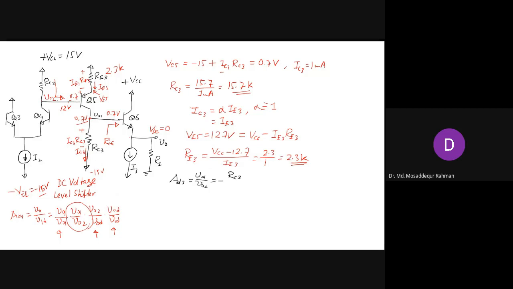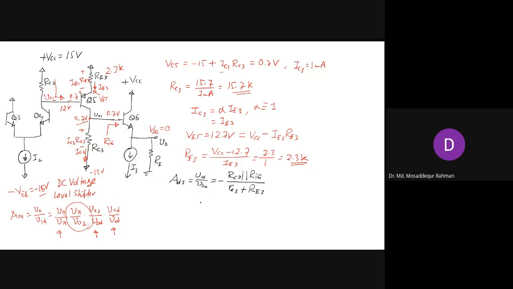Now we have RC3. Since this is connected to the input of Q6, the input resistance of that will come in parallel with RC3. So we have RC3 in parallel with RI6, the input resistance of transistor 6, divided by the total resistance in the emitter. That will be small RE3 plus capital RE3.